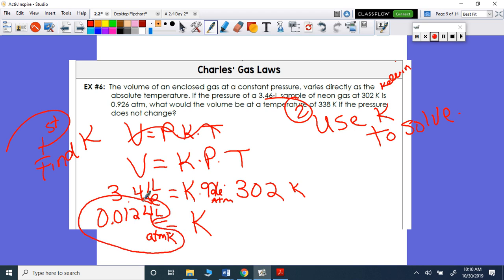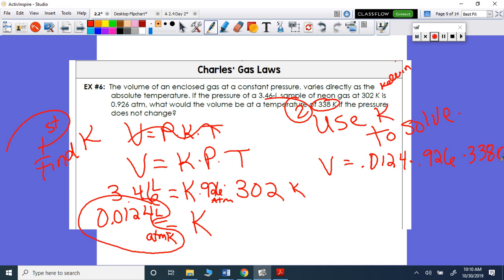You all could solve that. But what I need you to do, the second part says find for me the volume when the temperature is 338 Kelvin. So you're going to put your constant, 0.0124, with the K, and your new temperature.